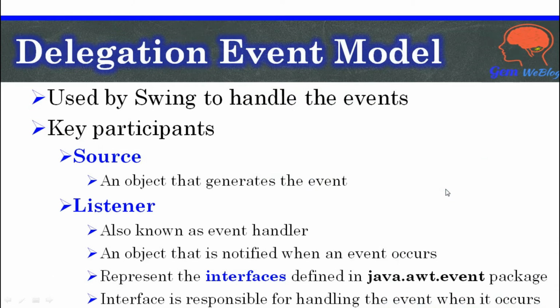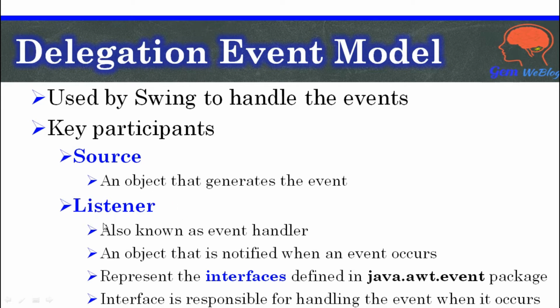So what is the delegation event model, which is used by Swing in order to handle the event? The key participants of this model are the event source and the event listener. Who is the event source? The object which generates the event is the event source.